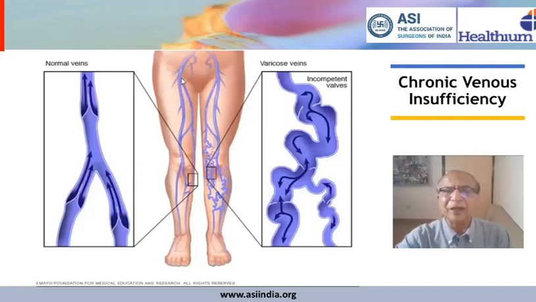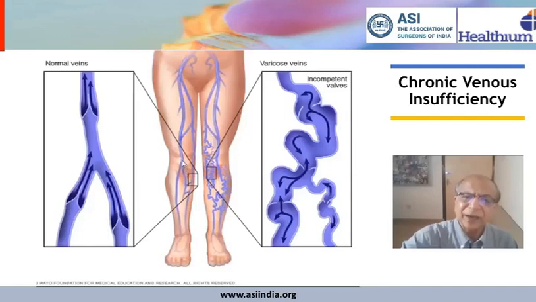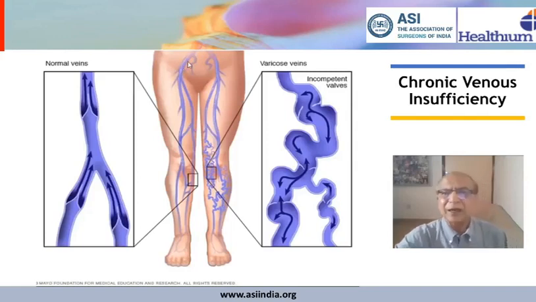And there's a big valve there, which can be seen by a color Doppler study. On the lateral side, the short or lesser saphenous vein takes the blood and drains it into the popliteal vein. And the popliteal vein in turn becomes the femoral vein, and the femoral vein above the inguinal ligament is called the external iliac vein.